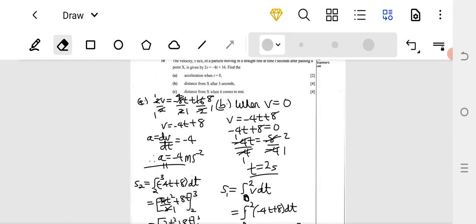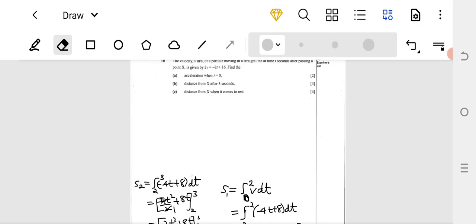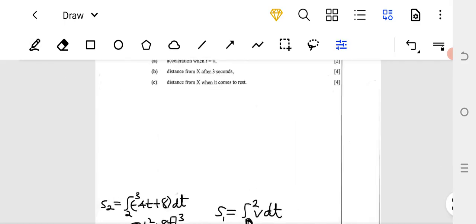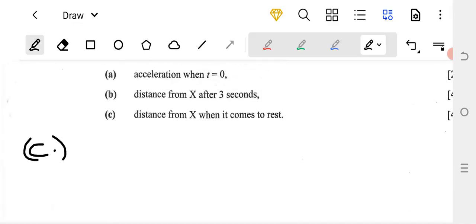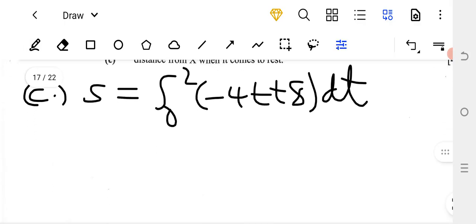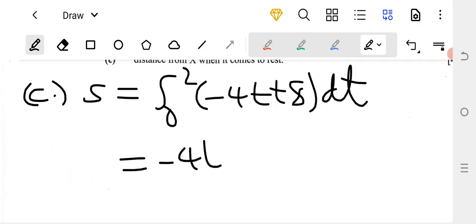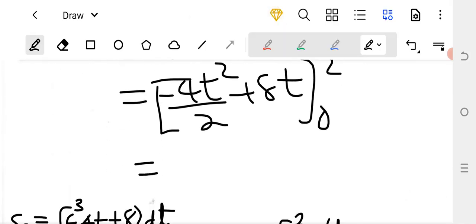The next thing you can do is to clean up. So you're going to say S is equal to the integral from 0 to 2 of negative 4t plus 8 dt, which is equal to negative 4t to the power 2 divided by 2 plus 8t from 0 to 2, which is equal to what?